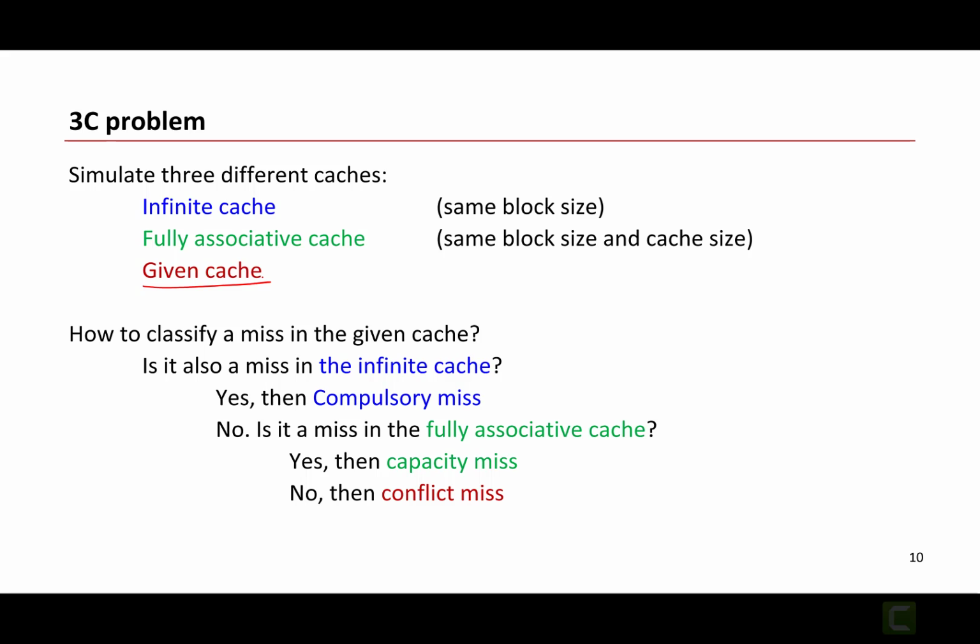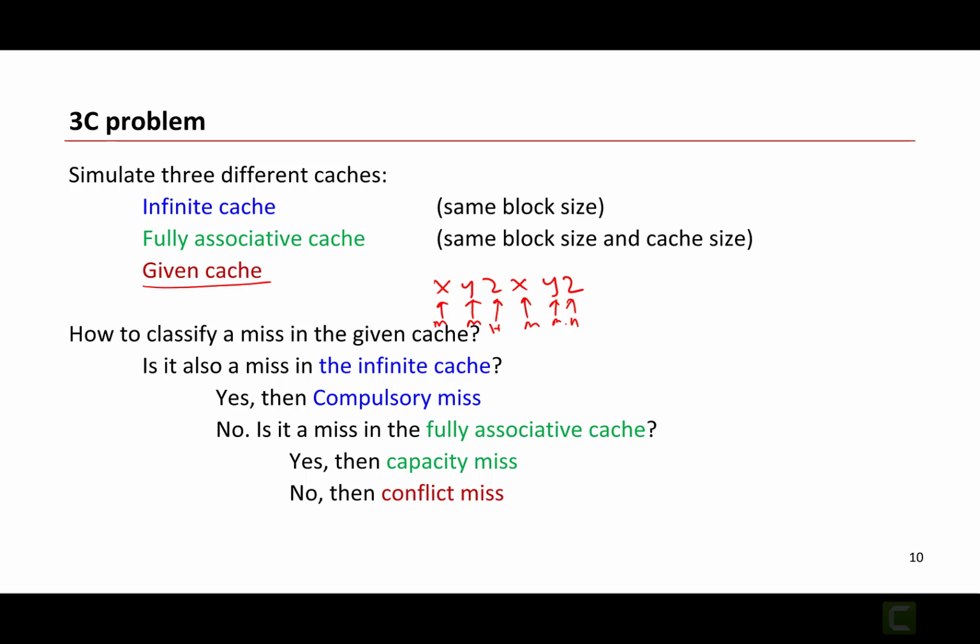So I take the cache, look at its geometry, and look at the address sequence X, Y, Z. Then you ask yourself, I see some hits and some misses, and you want to understand why you are experiencing some misses. What is the reason for those misses?